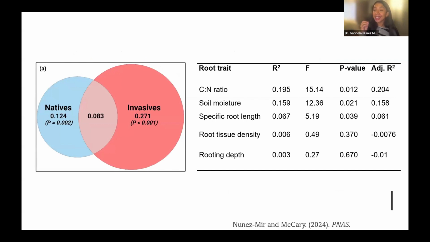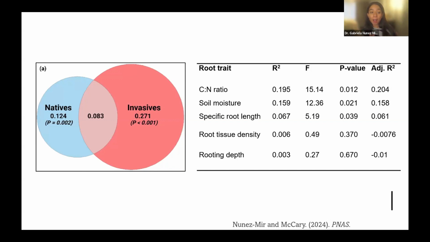All right, so we found actually that invasive plants explained almost twice the variation in microbial composition than native plant roots. So invasive plant roots explained about 27% of the variation, whereas native explained about 12%.